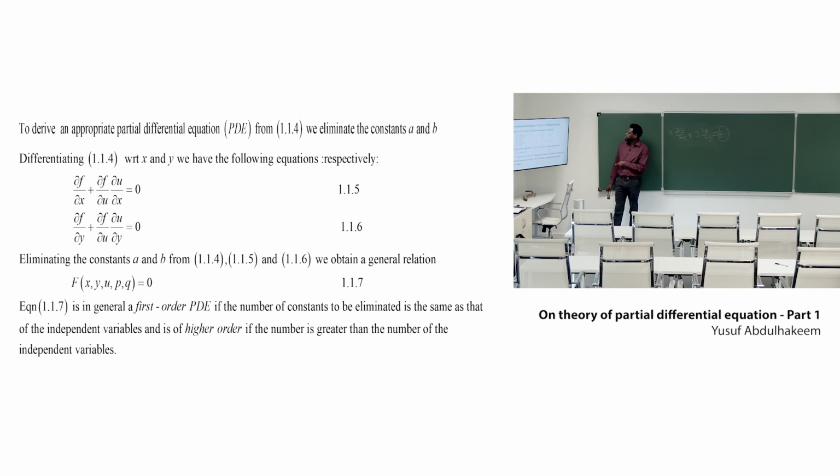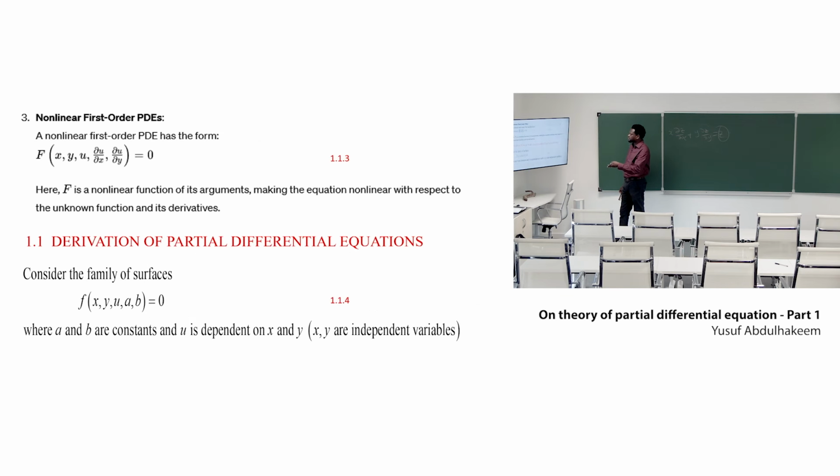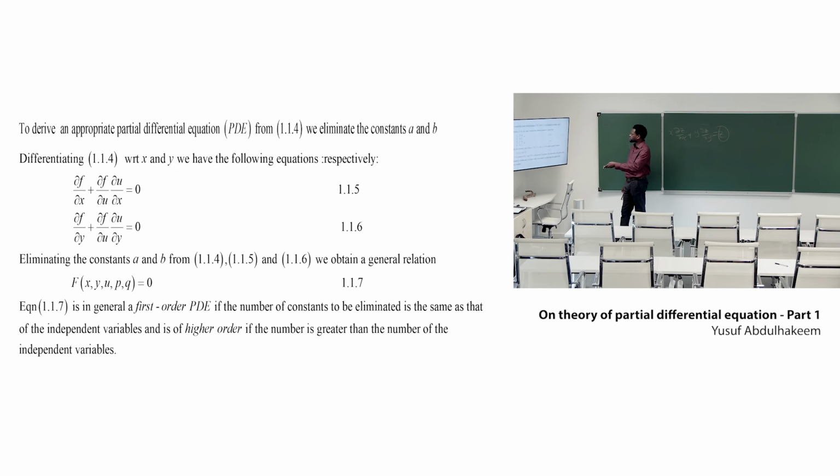Then we have the following equations, 1.1.5 and 1.1.6. Then eliminating the constants a and b from these equations, we obtain a general relation f of x, y, u, p, q.